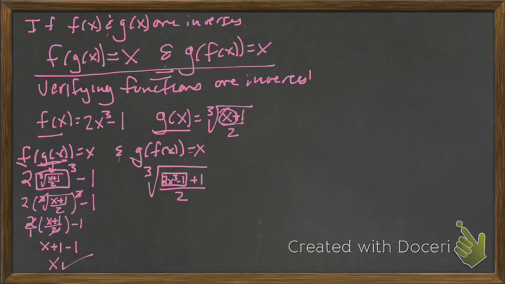So what we have to do is the cube root of 2x cubed minus 1 plus 1 all over 2. Well, negative 1 plus 1, those cancel, so I'm left with the cube root of 2x cubed over 2. I can divide the 2's out and those cancel, and I get just the cube root of x cubed, which is just x.